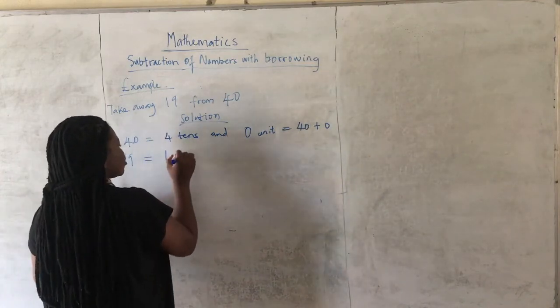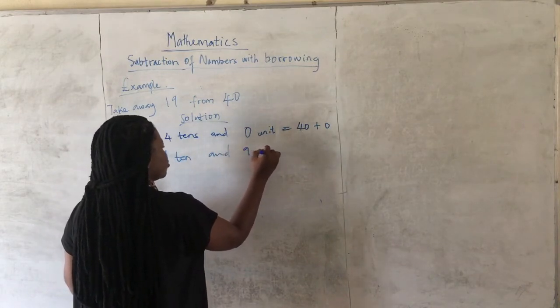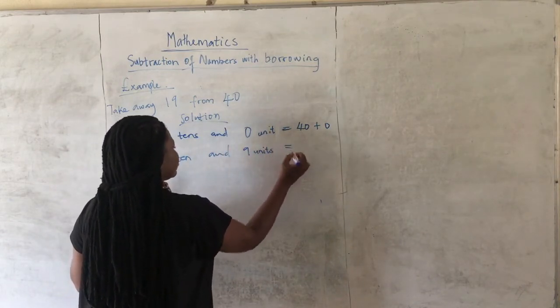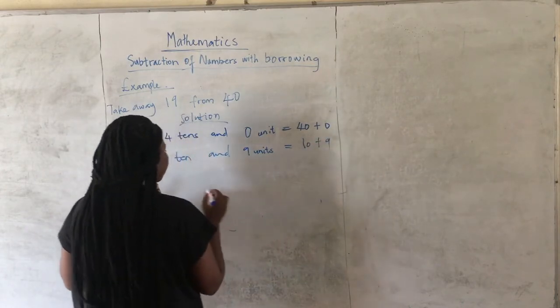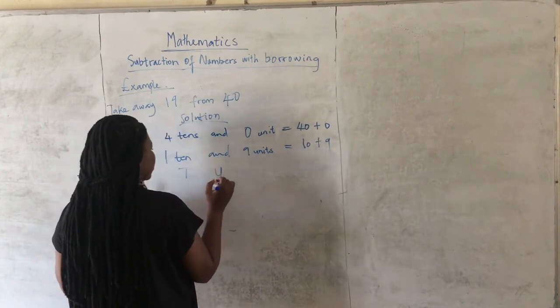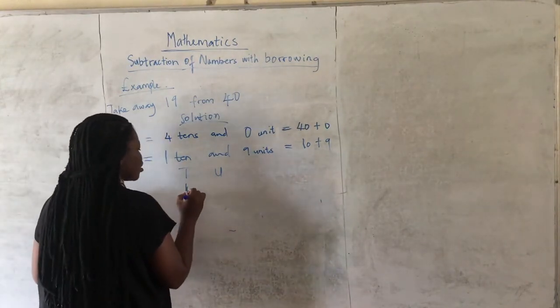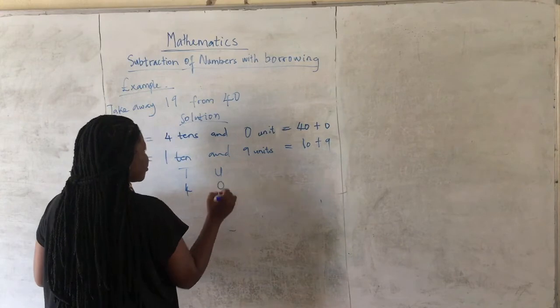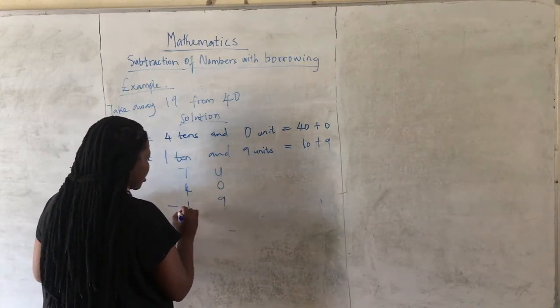Then 19, we have 1 ten and 9 units. So we have 10 plus 9. Now putting it in the tens and unit columns, we have 4 tens and 0 units minus 1 ten and 9 units.